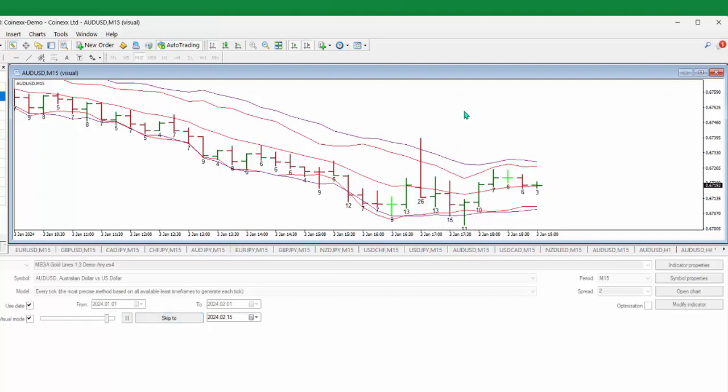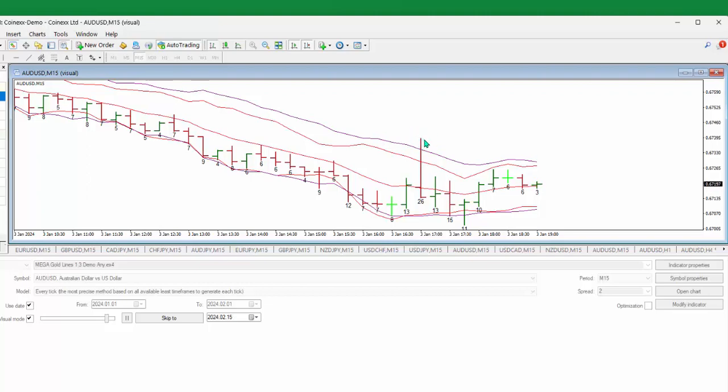Now here was the situation right here. This is a 15-minute chart, and what we would be looking for is price bars that exceeded the boundaries of where the price should be trading. And as you can see, that happened right here.